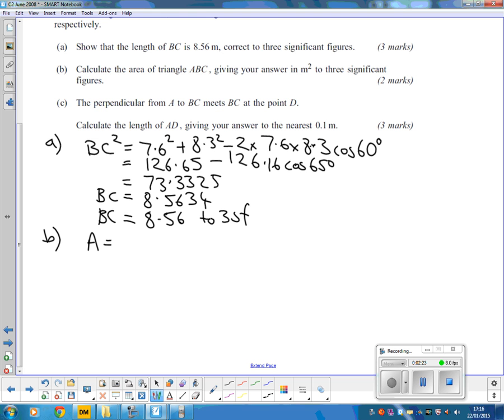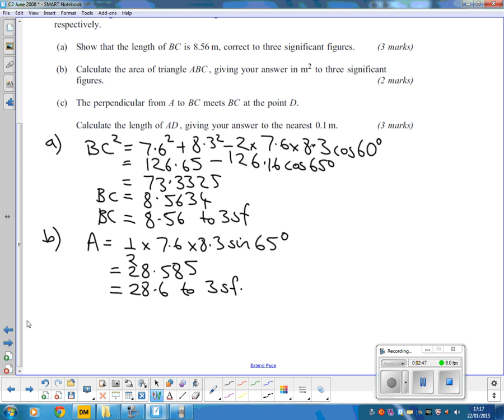So the area is a half times one of the sides times the other side sine 65 degrees. 65 is the angle in the middle. So that gives us 28.585, and they wanted 3 significant figures, so that's 28.6 to 3 significant figures.